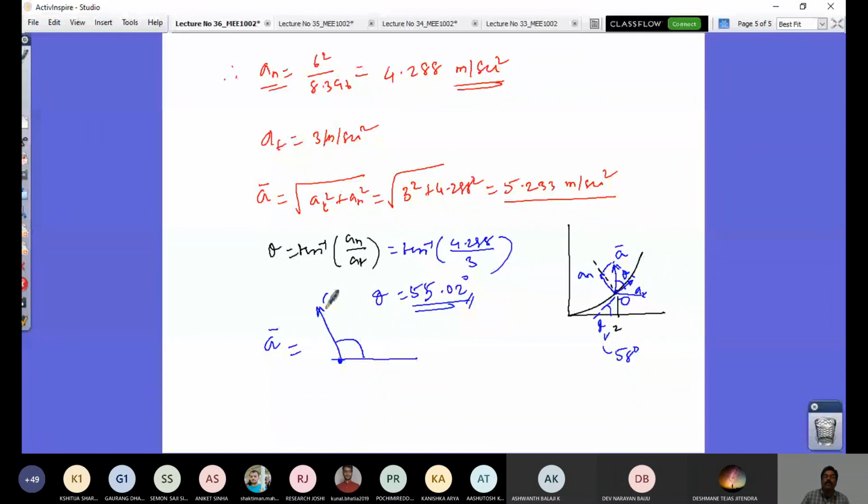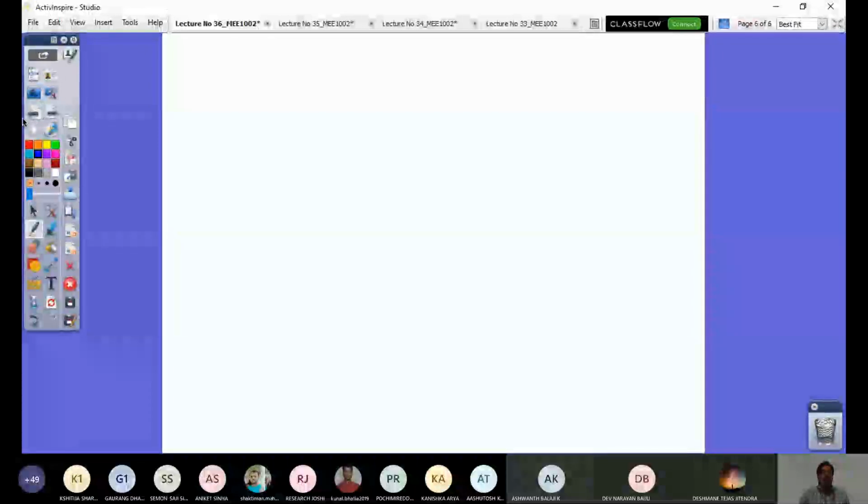So this is my A vector, and this is 55 plus 58, so it's 113.02 degrees to the horizontal, the A vector at that instant. So this is how you can predict its motion parameters. These are some sample problems. Please look into them.